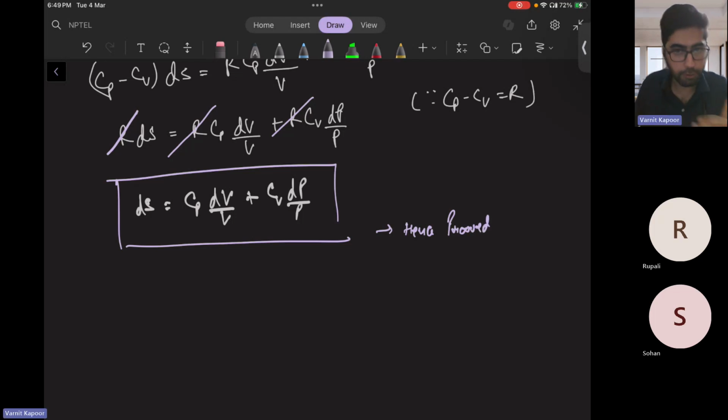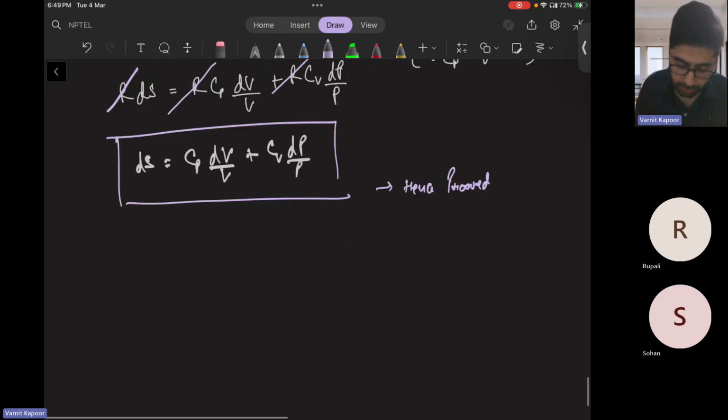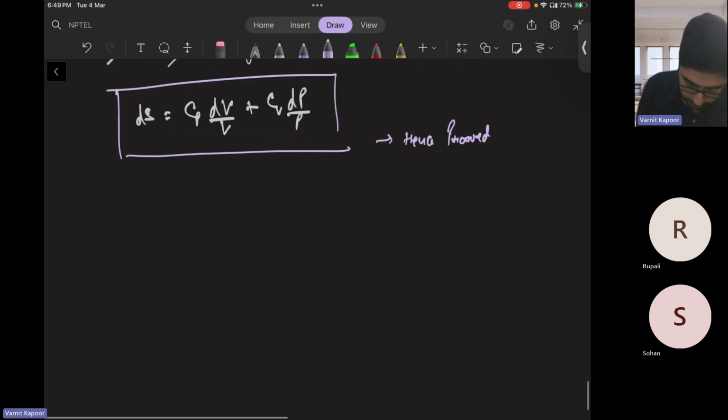All right, and we have to use this equation to prove PV raised to gamma is equal to constant. For a reversible adiabatic process, you know that dS is 0.